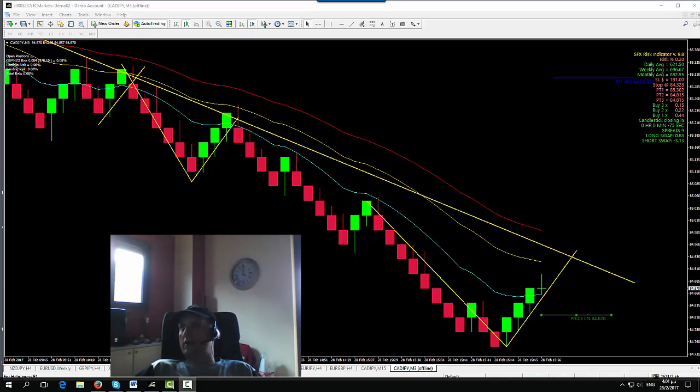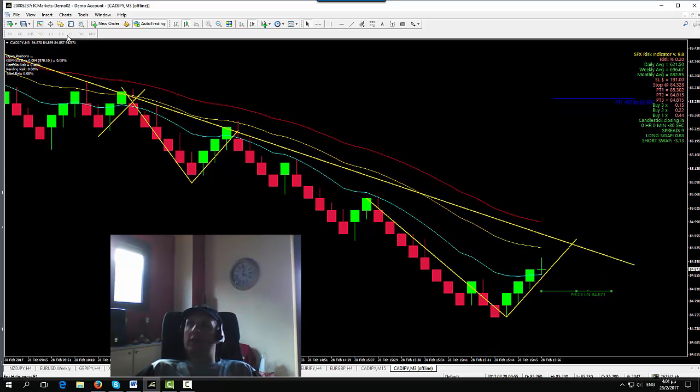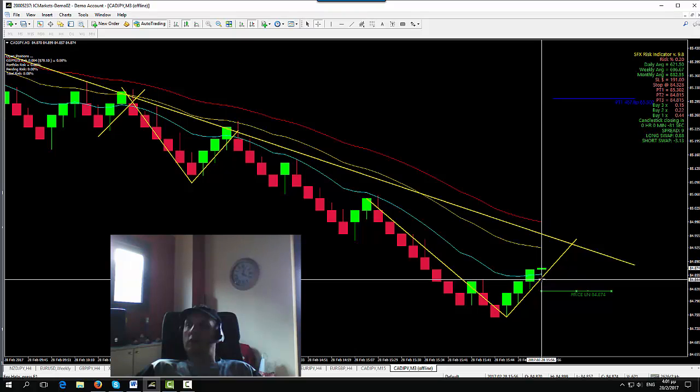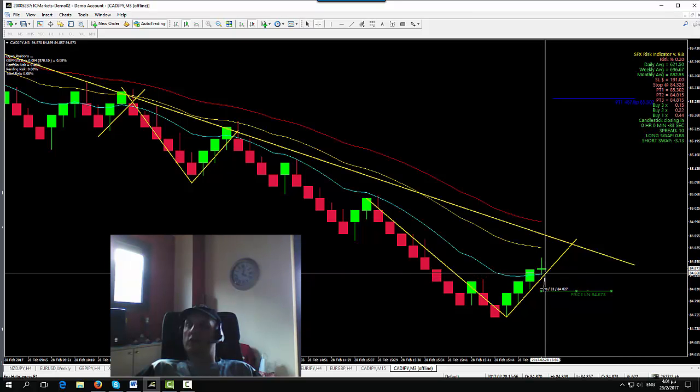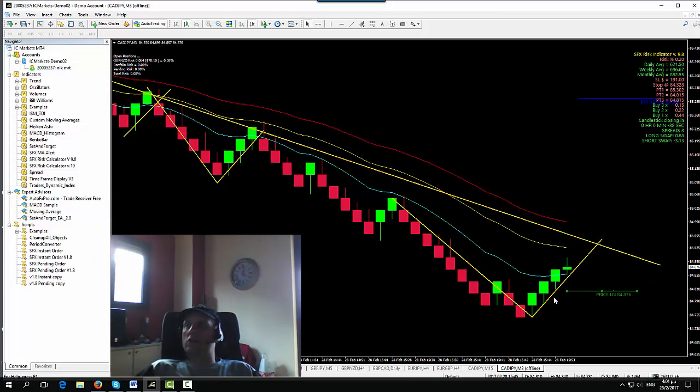So now, for instance, I have to run for a few minutes, so I'm going to place a pending order according to the rules below this support line, this 2 to 3 line I'm drawing below the price movement or activity.